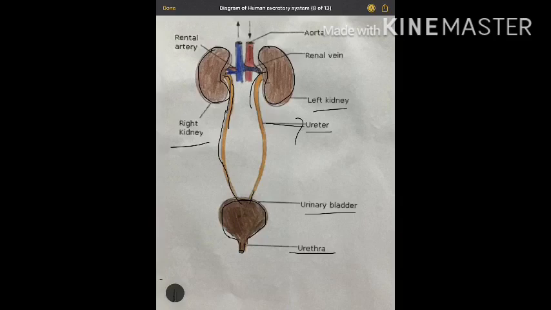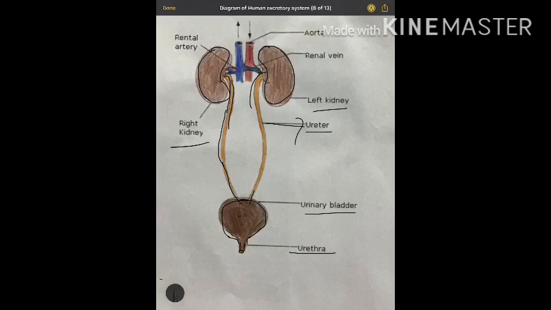All right, students. The kidney is the main hero, we can say, of this excretory system, which helps us to get rid of the waste products in the food which we eat, and the excess salt.